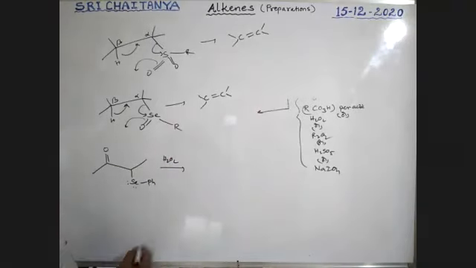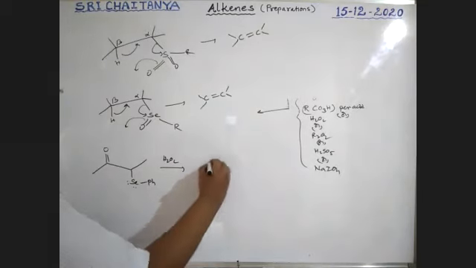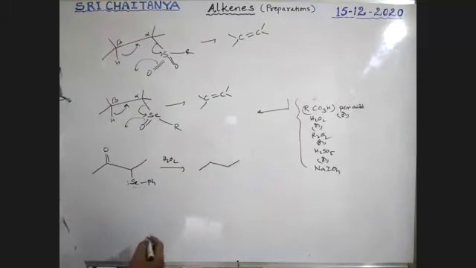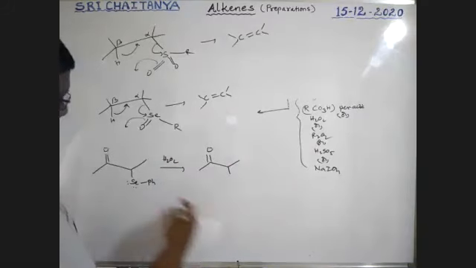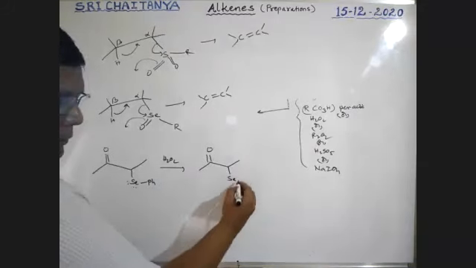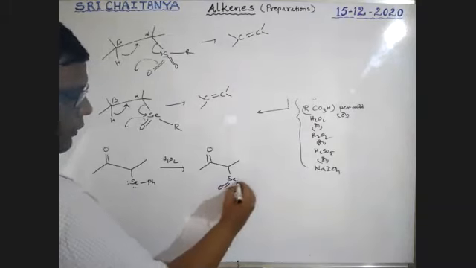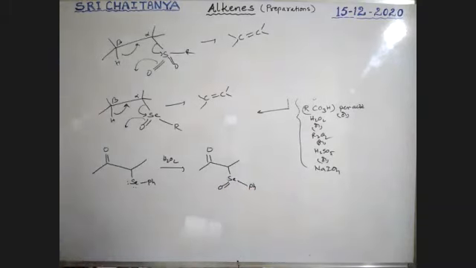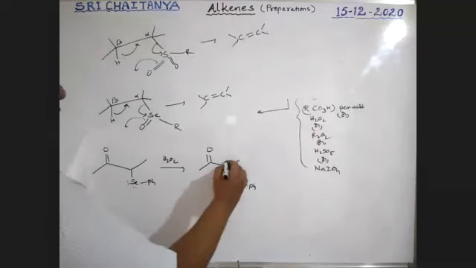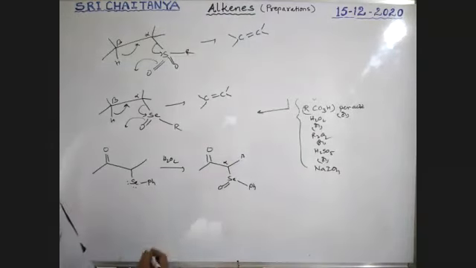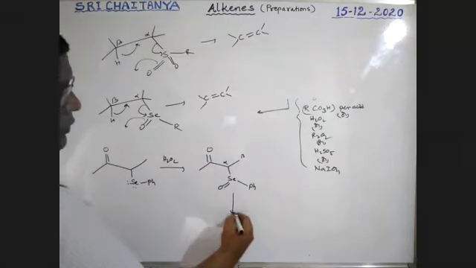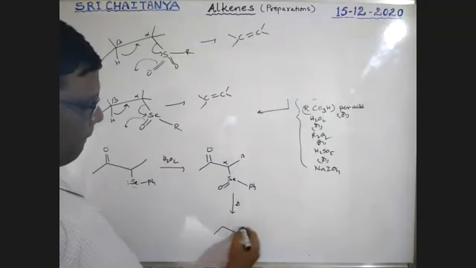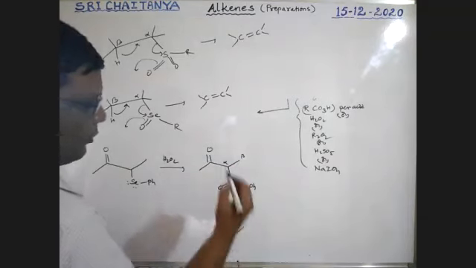That gives a selenium compound with a double bond O. This is alpha, this is beta, boys. So here a double bond is formed. So during heating, double bonds are possible.